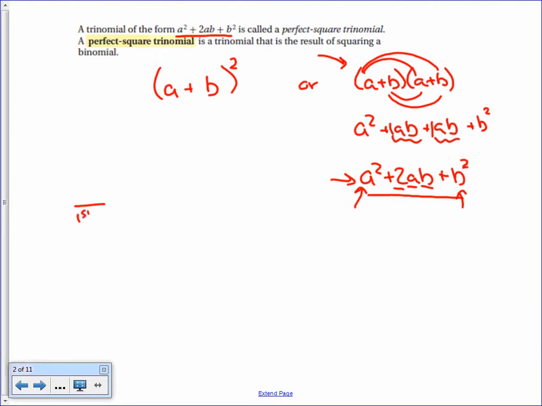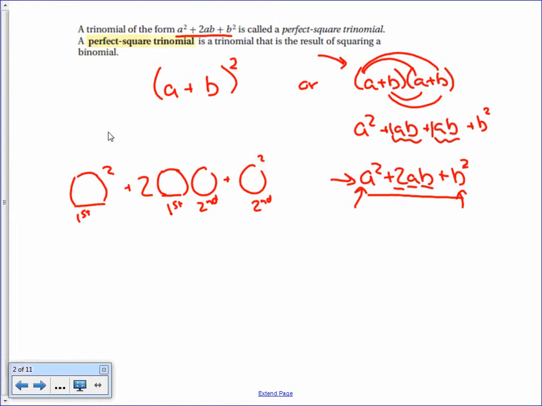We've got the first term, and then we're going to square it. We'll make a little bubble here. You're going to add 2 times the first times the second, and then you're going to add the second term squared.